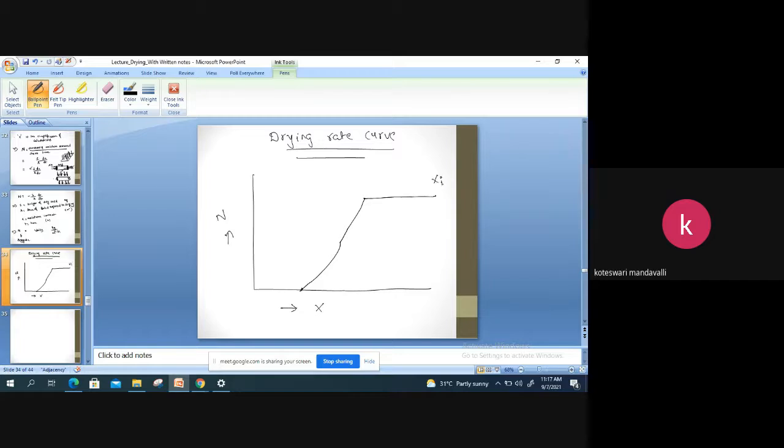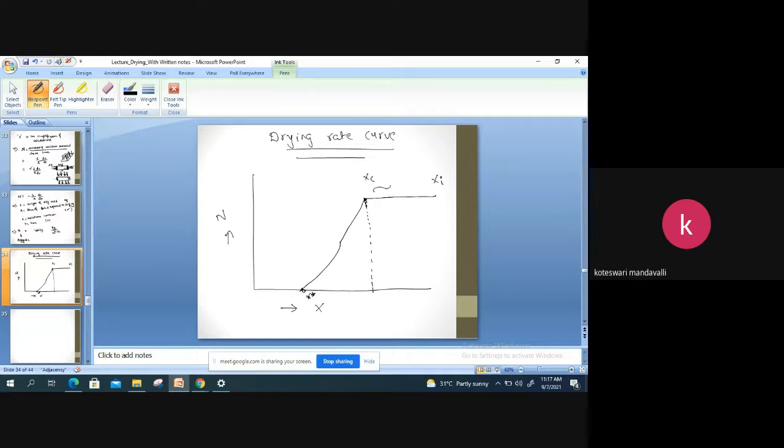So this is the initial moisture content, that is Xi. Already I showed this curve, no? Xc is the critical moisture content, and this is X star, the equilibrium moisture content.